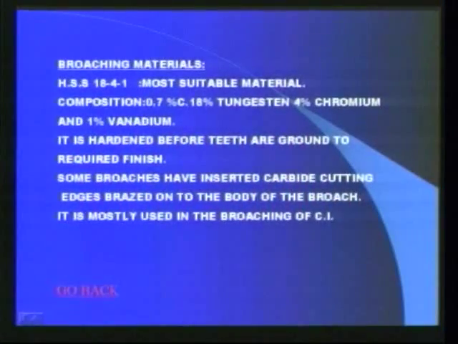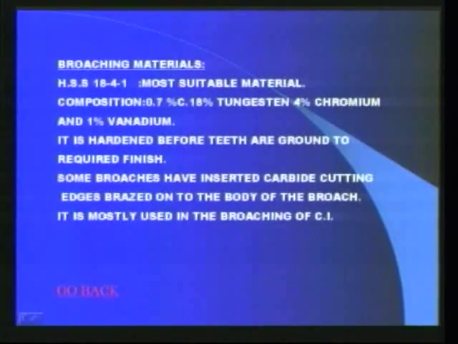Now we continue our discussion on broaching materials. High speed steel having the composition of 0.7% carbon, 18% tungsten, 4% chromium and 1% vanadium is the most suitable material for broaches.